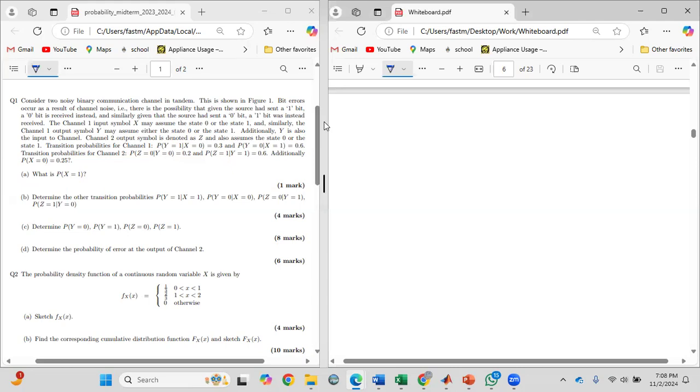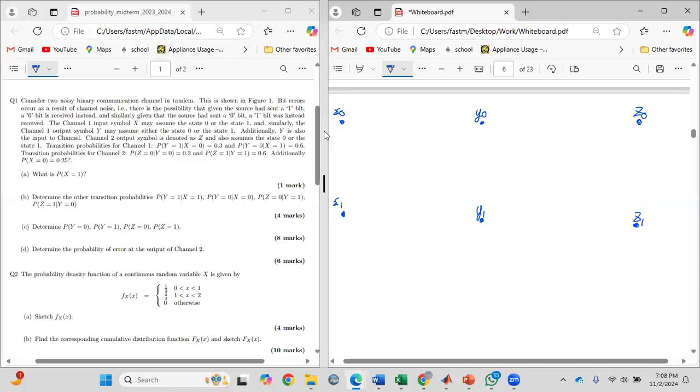They said that you have a channel 1 input of X and the output is Y, and then the input of the other one is the output. So Y is technically the input of something else. So you have X0, X1, and that will go into Y0 and Y1, and Y0 and Y1 is the input to Z0 and Z1.